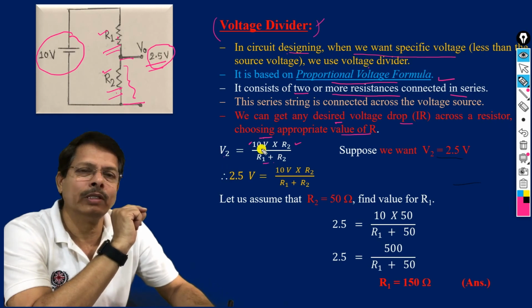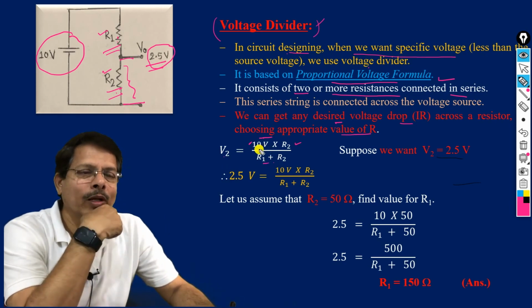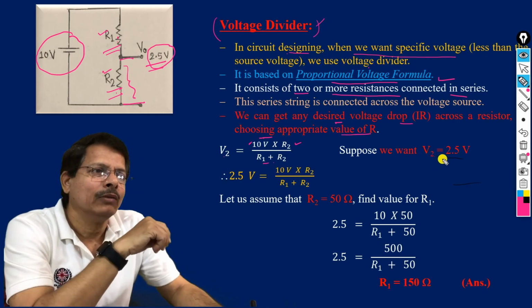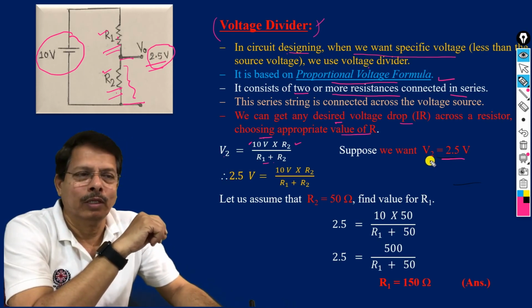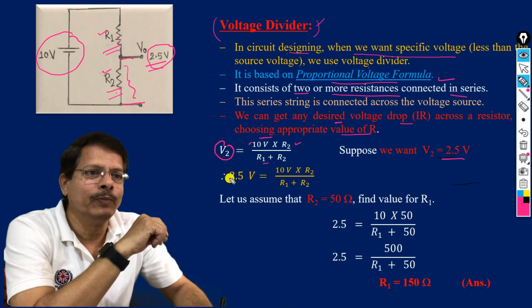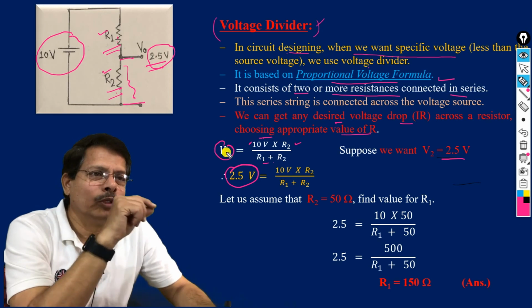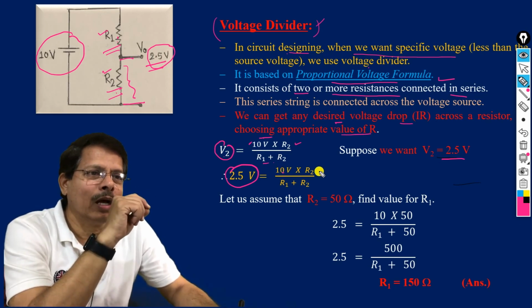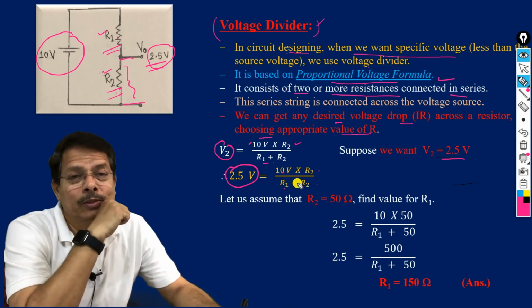So I have used here the proportional voltage formula. Our requirement is we want 2.5 volt at the output. Therefore you take V2 to be 2.5 volt and then put the values here. Say 10 volt times R2 upon R1 plus R2. Now how to solve this expression?